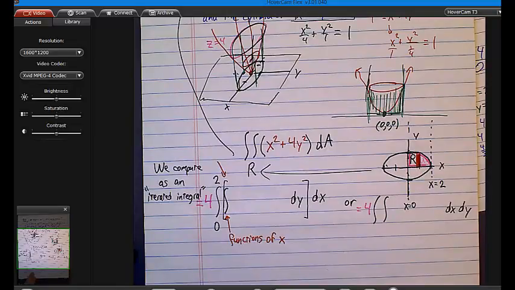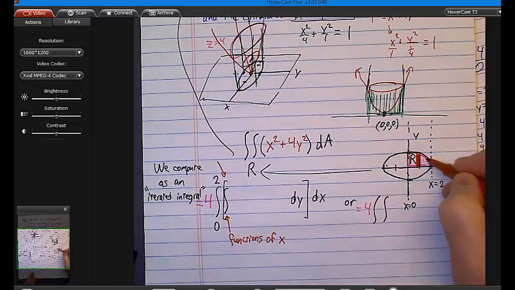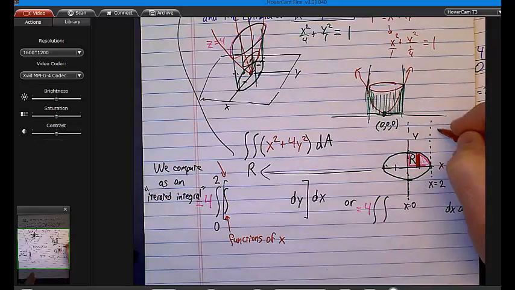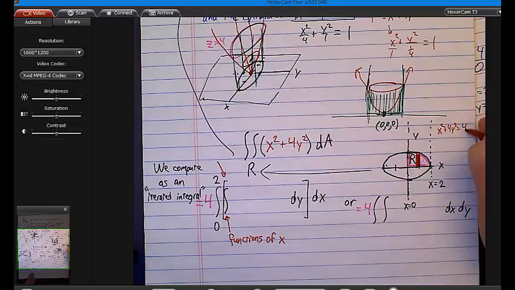Okay? So the upper curve, can we express that as a function of x? Well, remember what that curve was. That curve was x squared plus 4y squared equals 4, right? So I'll solve for y. I'll get 4y squared is 4 minus x squared.